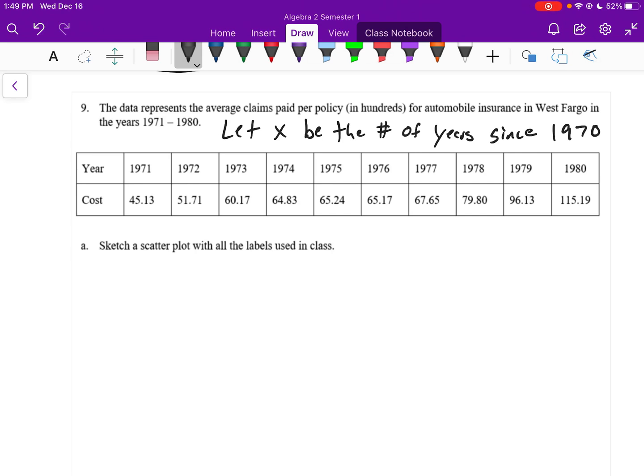Okay, so when you're doing that, it's very important to read carefully. Okay, because for the years then, since X is the number of years since 1970, 1971, that's 1 year. 2, 3, 4. Okay, because these are the values that you will type into list 1 on your calculator.